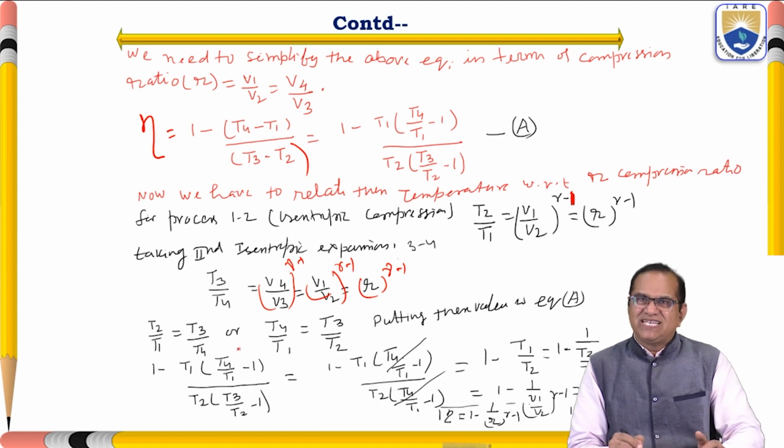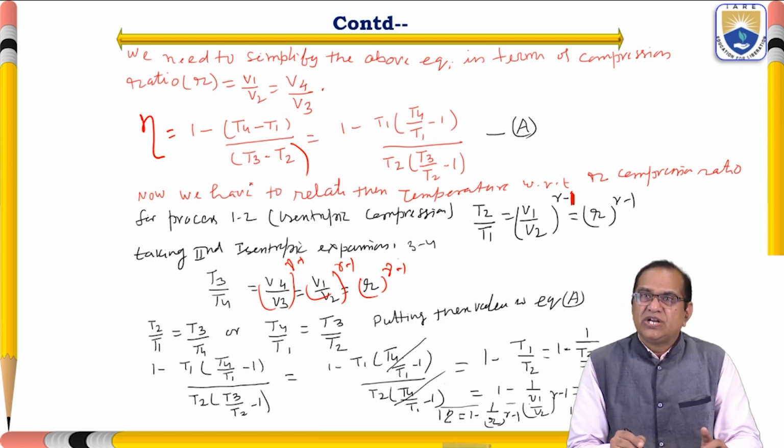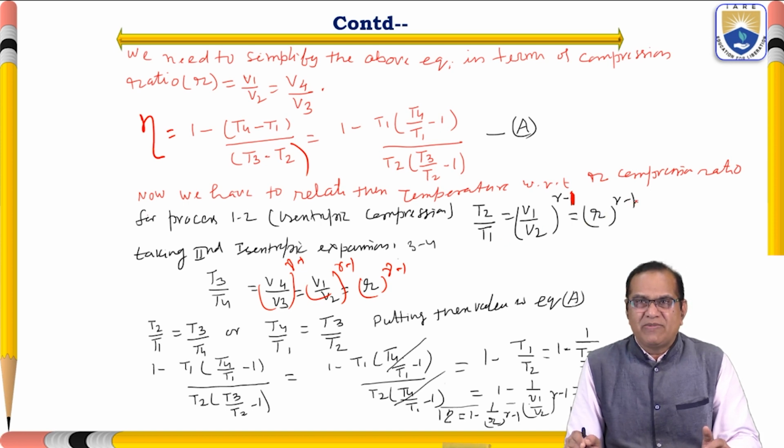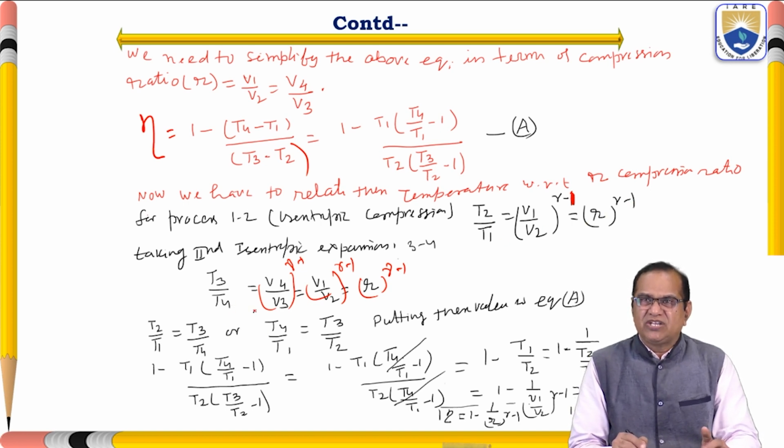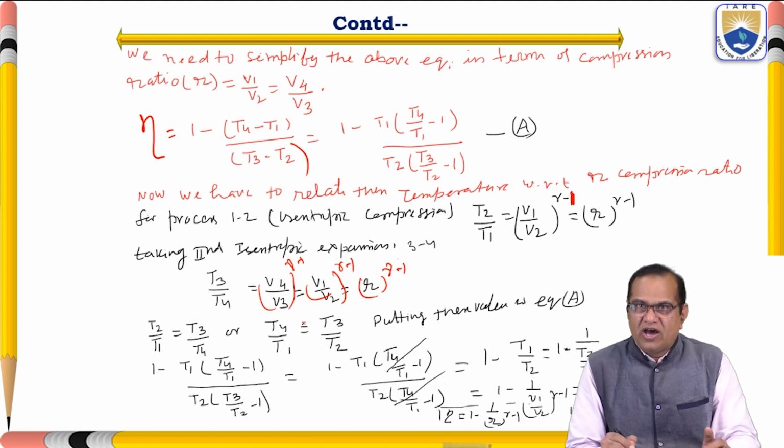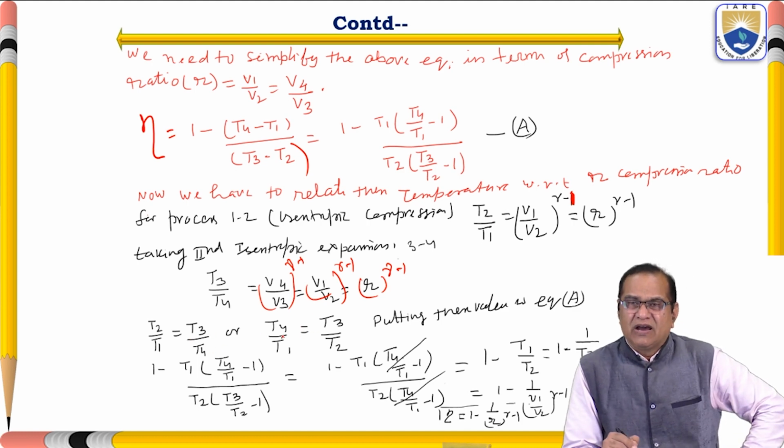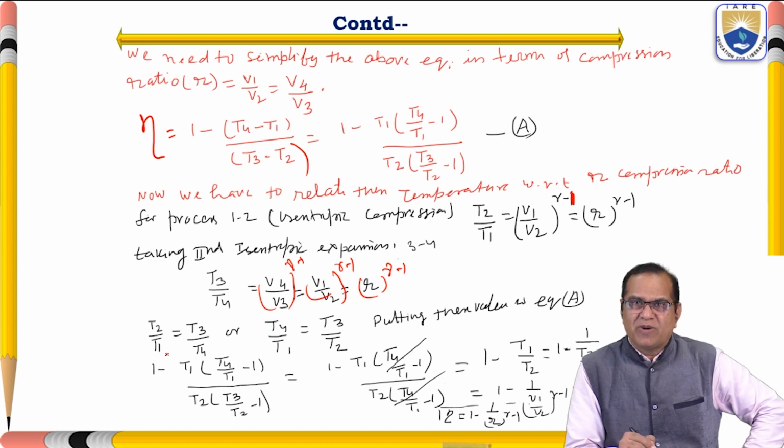So T2 by T1 is equal to R to the power gamma minus 1, and T3 by T4 is equal to R to the power gamma minus 1. So we can write that T2 by T1 is equal to T3 by T4, or we can cross multiply: T4 by T1 is equal to T3 by T2.